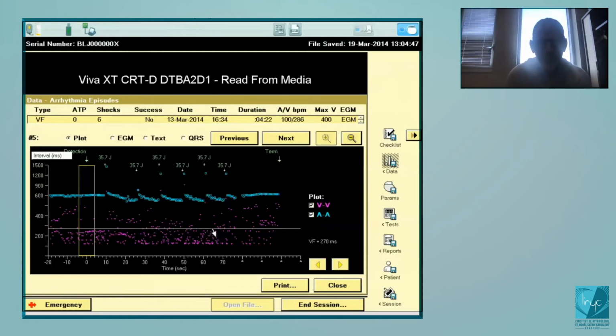Yeah, and you see this cloudy situation, many points everywhere, but there are also very short cycles at the level of the blanking. When you have both, it is very unlikely that this is physiological. One of the diagnoses is the problem of lead dysfunction.